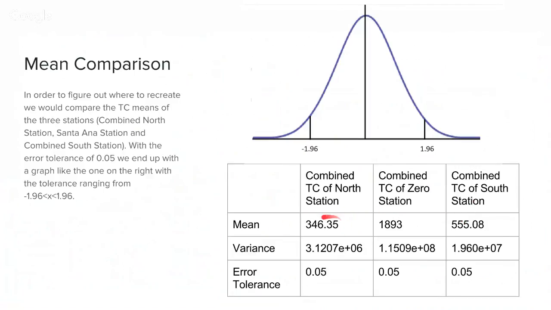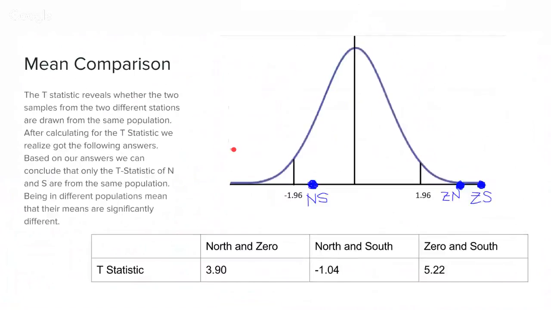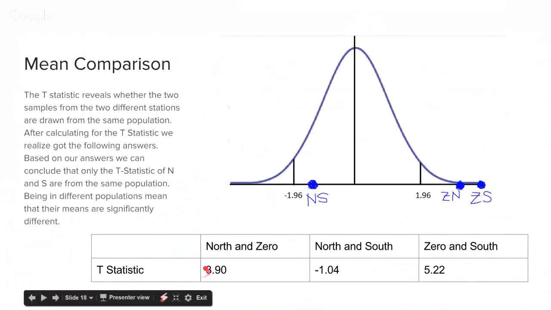So this implies already, just by finding the mean and comparing them, that there's less TC concentration at the north stations. All right, so after that, we took those variables and created the T statistic.